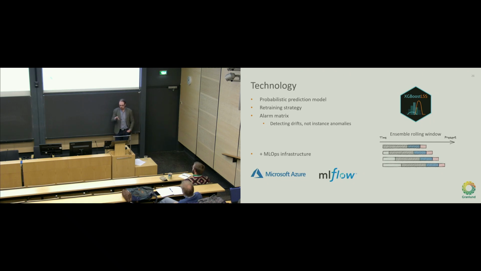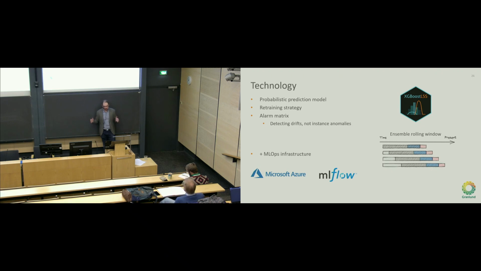It's a very new package, this XGBoost LSS, but I recommend it. It's pretty well maintained, and they have just released a new version which uses PyTorch in the back, and then you can test many different distributions and use them.